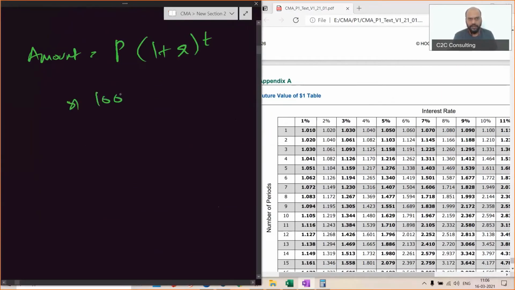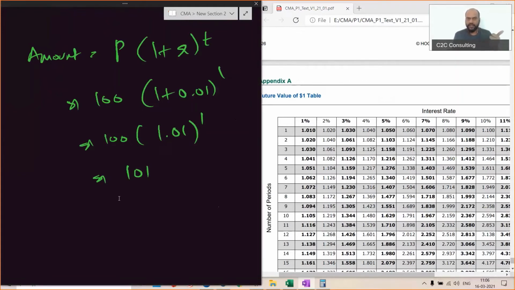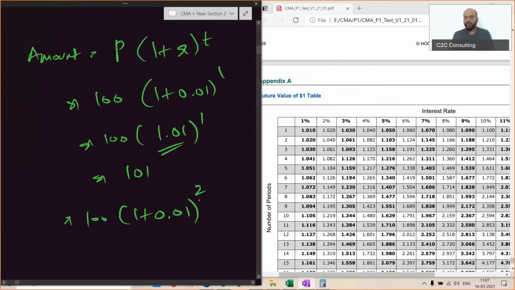So if I'm investing $100 and I know 1% is what I'm going to earn for the power of 1, that's 100 into 1.01 to the power of 1, which is 101. That's what this 1.01 factor is. I want it for 2 years. Principal 100 will remain the same, 1 plus 0.01, my interest of 1% will still remain the same. The tenure will change now to 2 and so on, 3, 4.